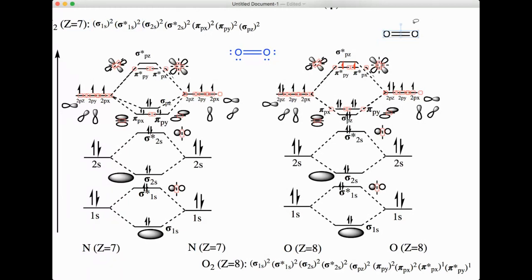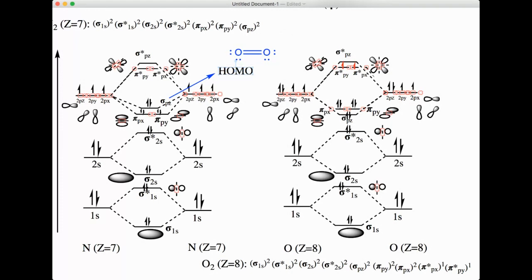Before I go ahead, I'm going to label this orbital, something you're going to need for next semester, particularly for organic two. So guys, look at the pz orbital. This orbital here, the sigma pz for nitrogen, is the highest occupied molecular orbital.